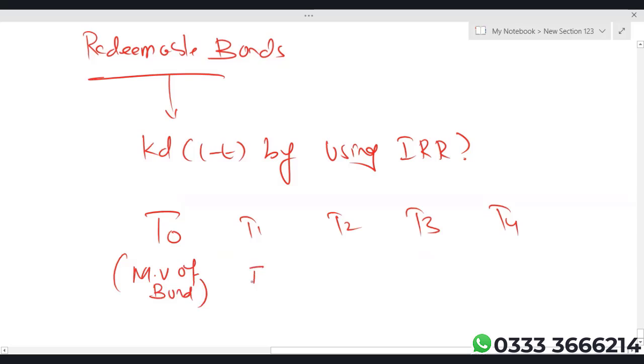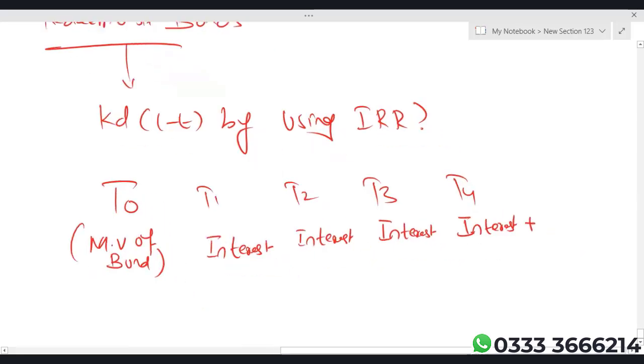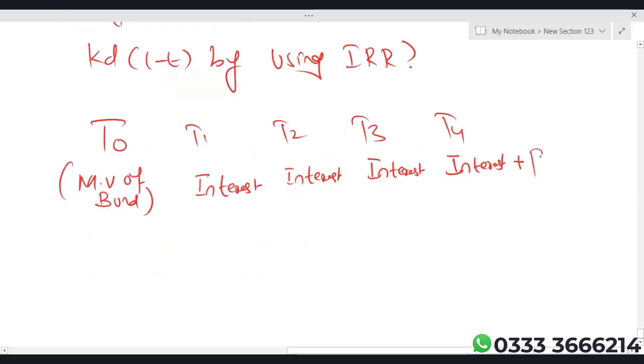If you want, you can just take interest here, only interest. Interest. Interest. Here you will have to take interest plus redemption amount.